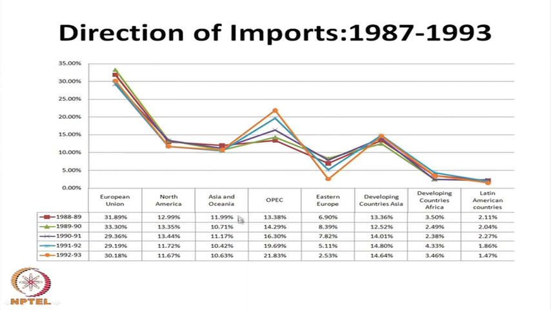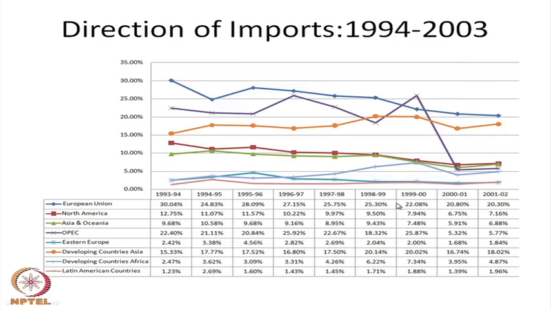Then Asia and Oceania also constitute nearly 10 to 11% of our import, and the OPEC countries' share has been increasing, because all our petrol and crude oil imports come from OPEC countries. Their share has been increasing over the years. In 88-89 it was 13%, and in 92-93 it increased to nearly 22%. After that, developing Asian countries have a major share of our import.